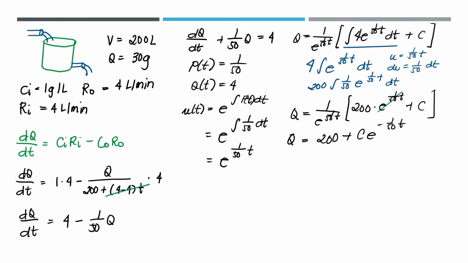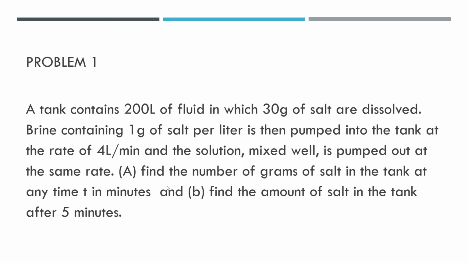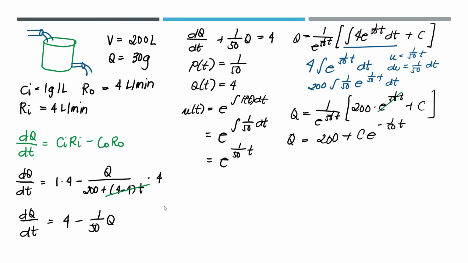This is now our answer to the first question, find the number of grams of salt in the tank at any time t in minutes. There is just something missing, which is our C. Initially, we have Q equal to 30 grams at time t equals 0.